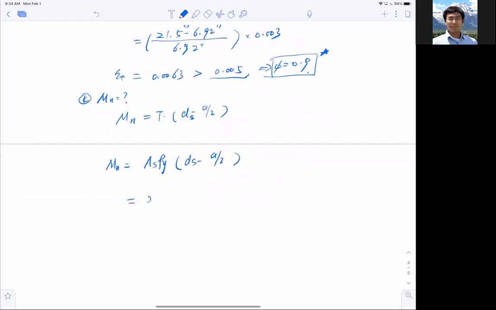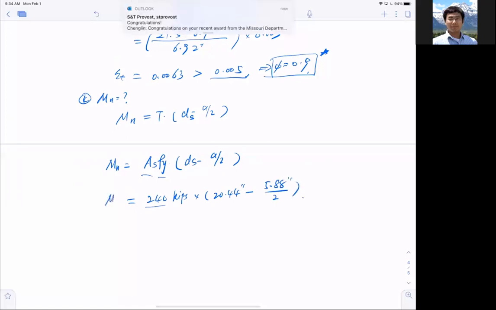This is 240 kips. As is 4 inch squared, 60 ksi, 240, easy, okay? And then inside ds is 20.44 inch, which is the effective depth, and minus 5.88 divided by 2. Okay, and then Mn, oh, sorry, Mn, that is equal to 4,200 kip-inch.